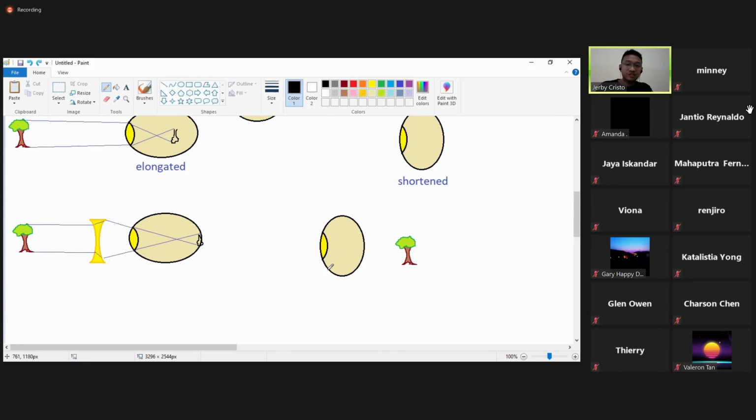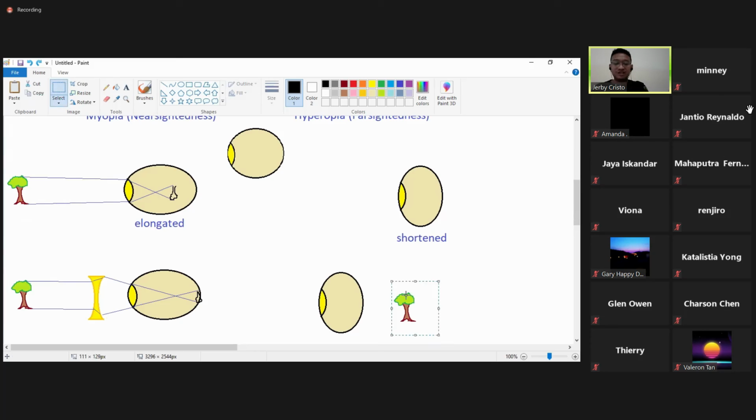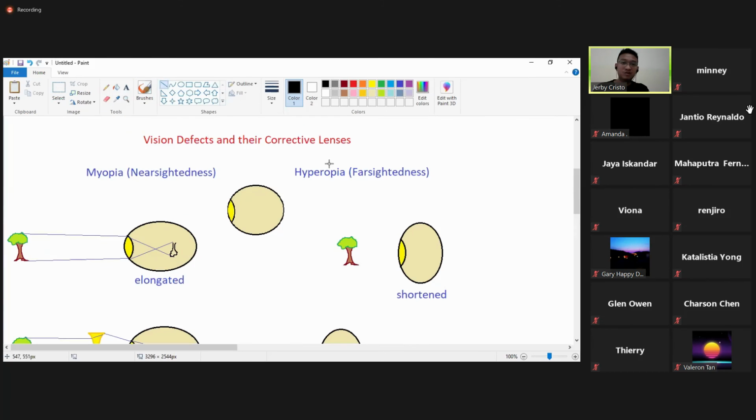All right, now let's go to a shortened eyeball for farsightedness. Again, if you are farsighted, you only see far objects clearly. But what if we put the object close to a hyperopic person? If it's close to a hyperopic person, where do you think the image will be focused?